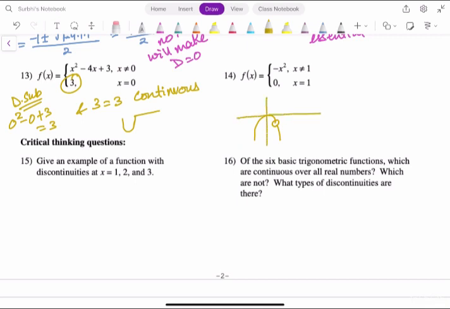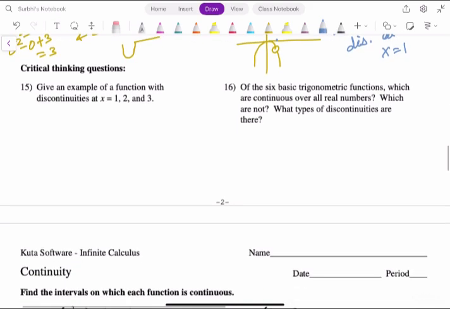So it will have a hole at 1. So removable discontinuity at x is equal to 1. Removable discontinuity. Clear?